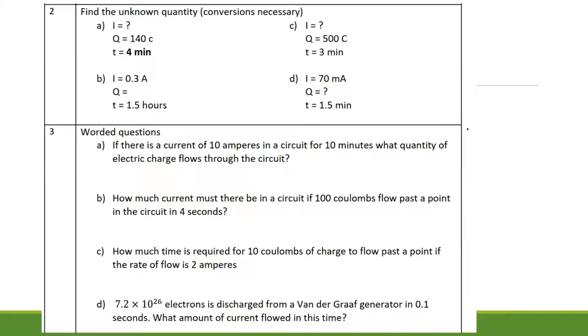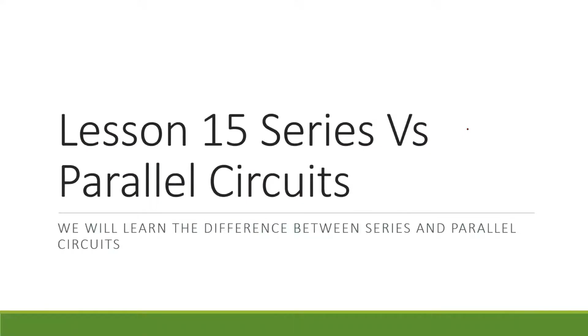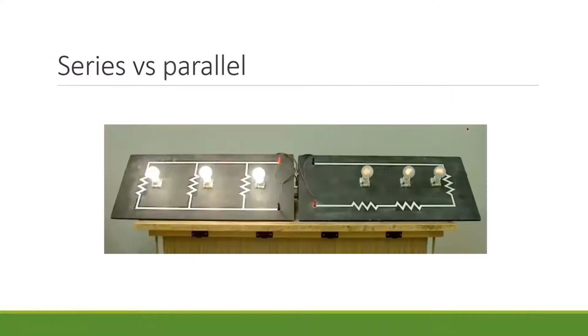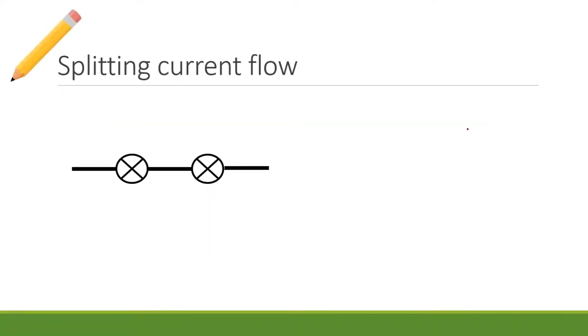These are some things from electronics 1 that I gave you. Then we talked about series and parallel circuits. What are the differences? Series has one path, parallel has multiple paths. Series is dimmer than a parallel circuit, which is usually brighter. Why is this the case?